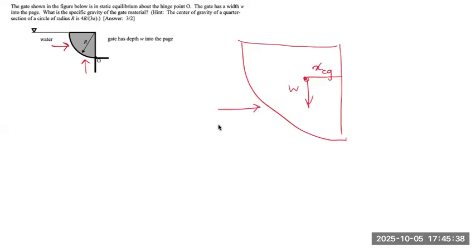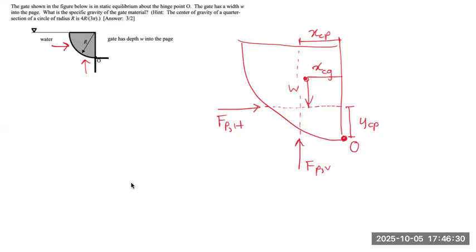So a horizontal pressure force, which we will call FPH, and also a vertical pressure force that acts a certain distance from the hinge, and the hinge is at O. So the vertical pressure force acts at a distance, let's call it XCP for center of pressure in the x direction, and the horizontal component of the pressure force acts at a distance, let's call it Y, YCP. And so we have to find YCP and XCP.